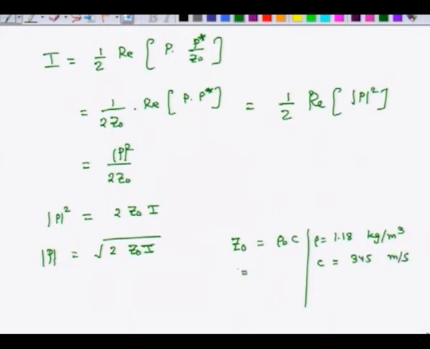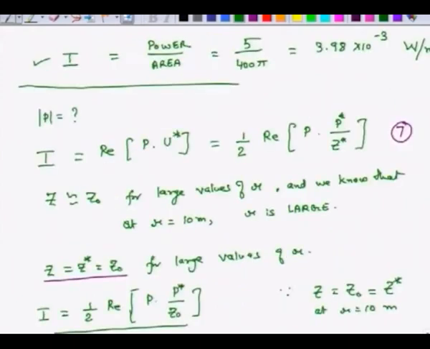So, Z naught equals 1.18 times 345. So, I plug this in, and what we have calculated is 3.98 times 10 to the power of minus 3 watts per meter square. We calculated it earlier, which is this.